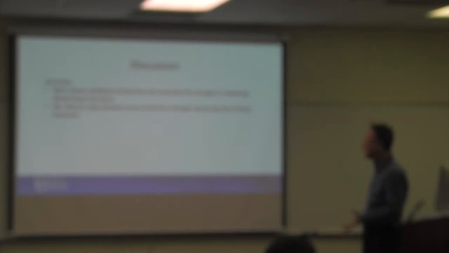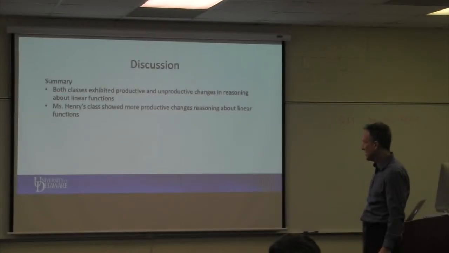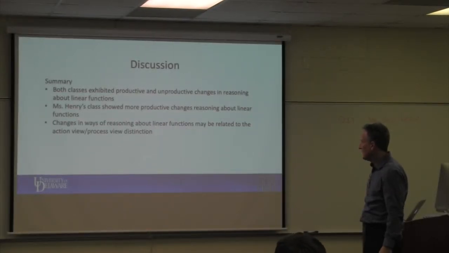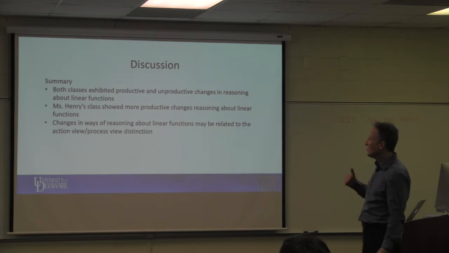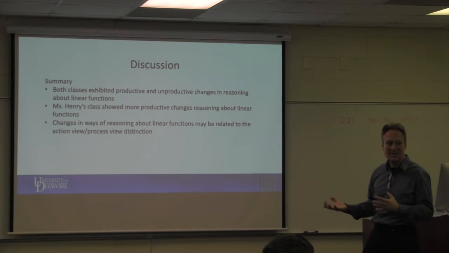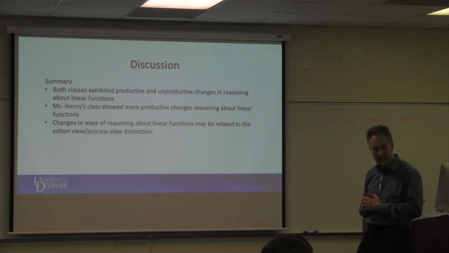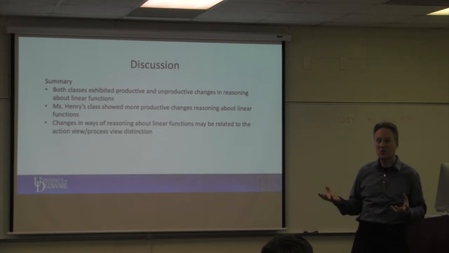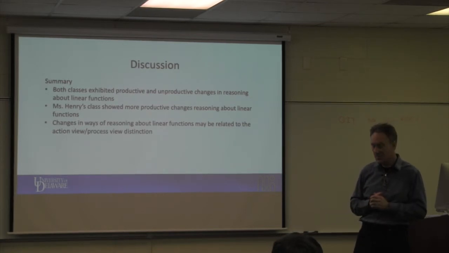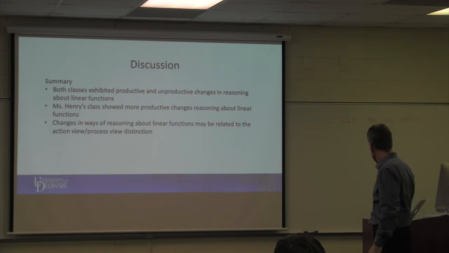So there seems to be something in the way the teacher was teaching that could have contributed to those changes in ways of reasoning. And we also think that this suggests that these changes in ways of reasoning could occur in this action and process view distinction, that this is one of those potential ways of reasoning that's susceptible to backward transfer.